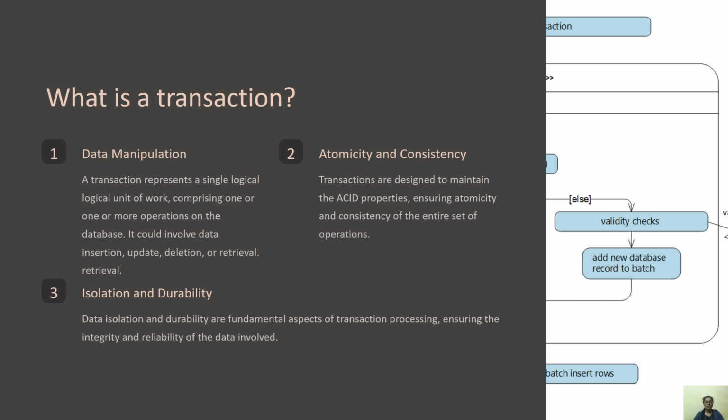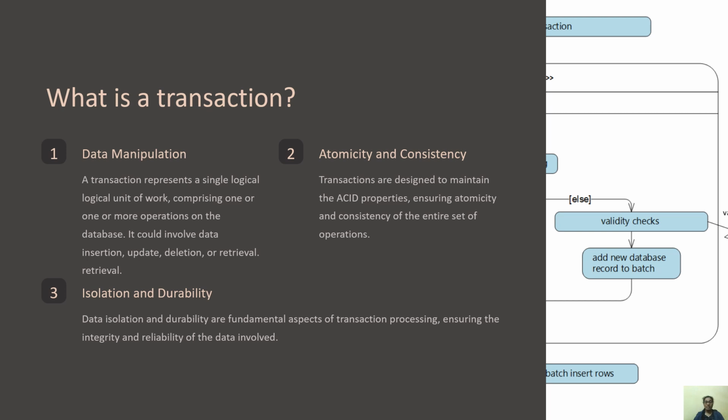A transaction involves data manipulation, atomicity and consistency, isolation and durability. Data manipulation: a transaction represents a single logical unit of work comprising one or more operations on the database. It could involve data insertion, update, deletion and retrieval.